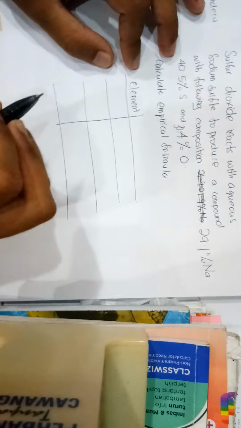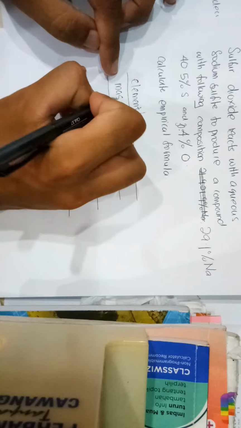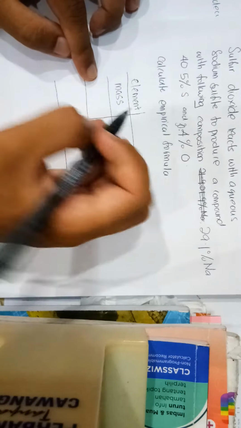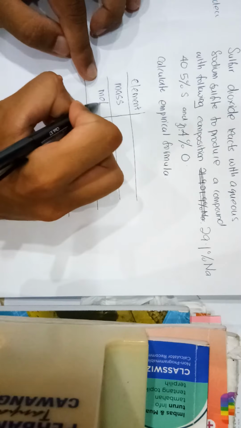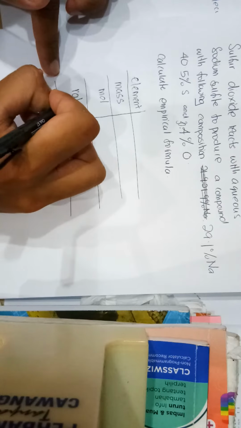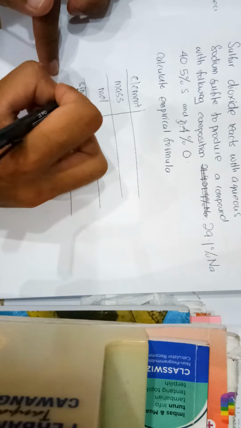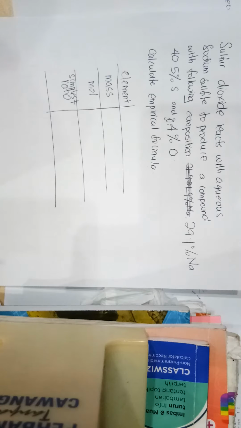The next row will be mass. Next is mole, and the last one will be ratio, or you call it the simplest ratio.